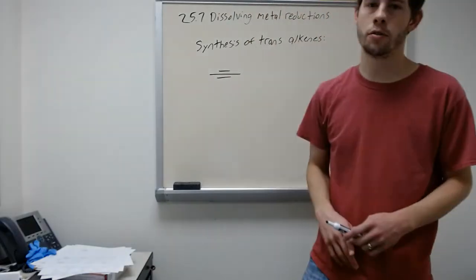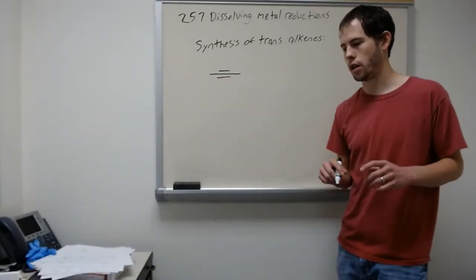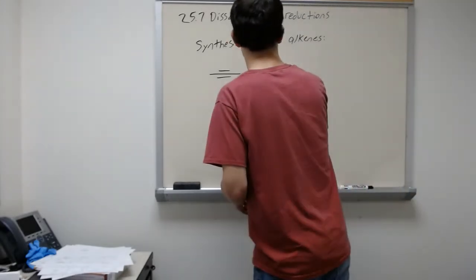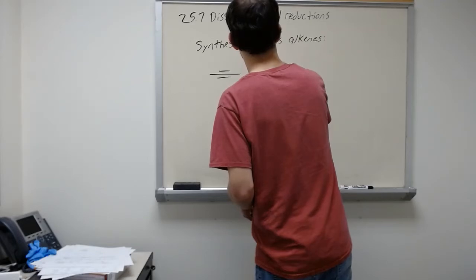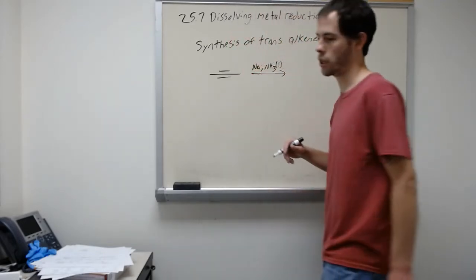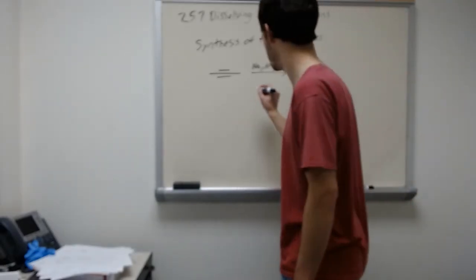All right, so we're first going to look at alkynes, and if we treat them with a dissolving metal reduction, so we take sodium metal, liquid ammonia, and we have to do this at really cold temperatures, so we do it at -78.